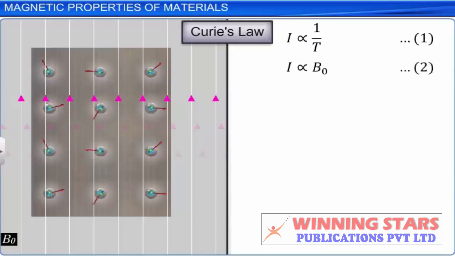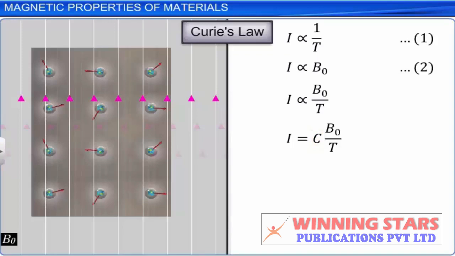By combining equations 1 and 2, we get I is proportional to B0 by T. This equation can be written as I is equal to C into B0 by T, where C is the proportionality constant. Let this be equation 3.